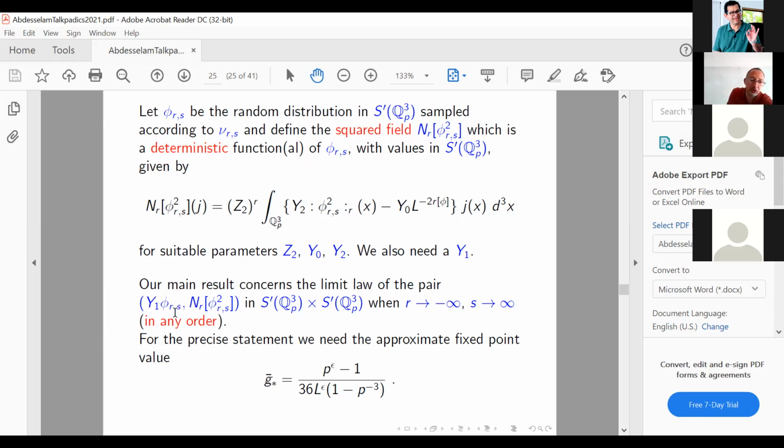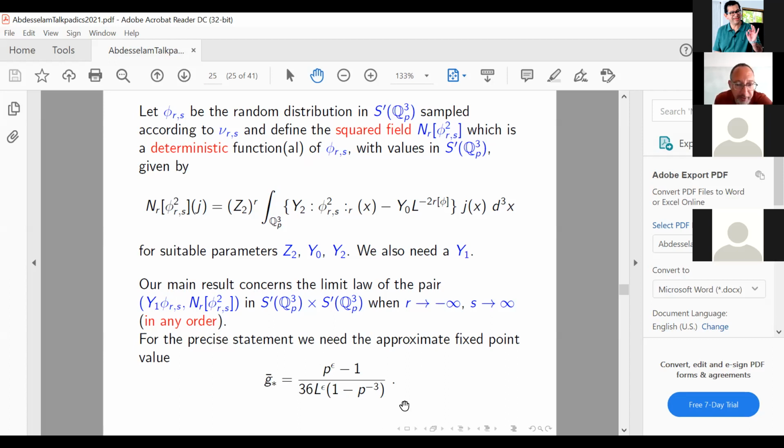What I'm going to do now is look at the pair of random distributions: the field itself, sampled according to this probability measure and multiplied by this constant, and this square field. I look at their joint probability measure, and basically the result we got is a weak limit for this joint probability measure when you remove the cutoffs. To get a precise statement, I need this quantity called G star.